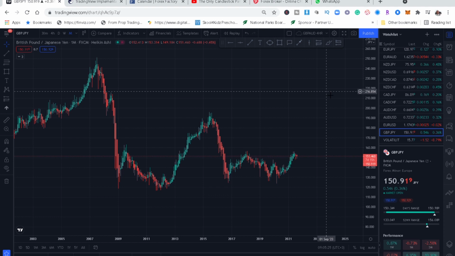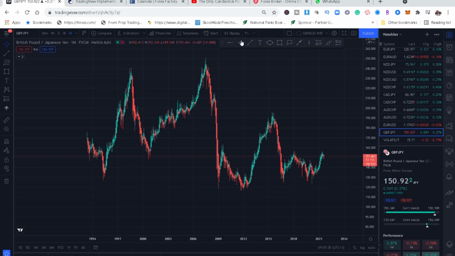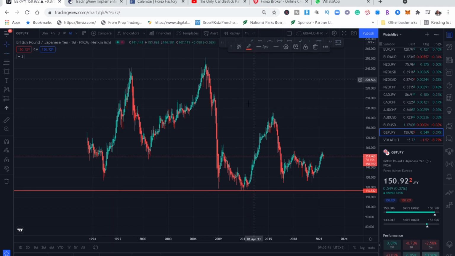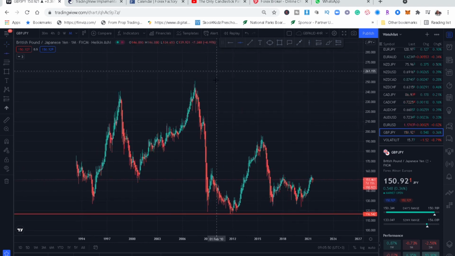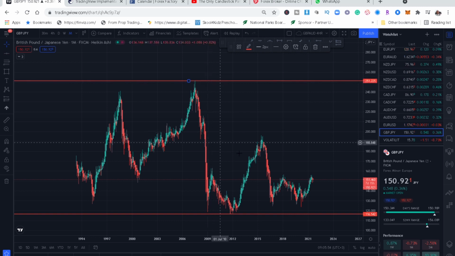So the first thing that you need to do is to highlight both support and resistance. We have two positions. This is our support, where the market has gone lowest, and then we have the resistance, where the market has gone the highest. Now you have the two positions. At least you have started to analyze your chart.